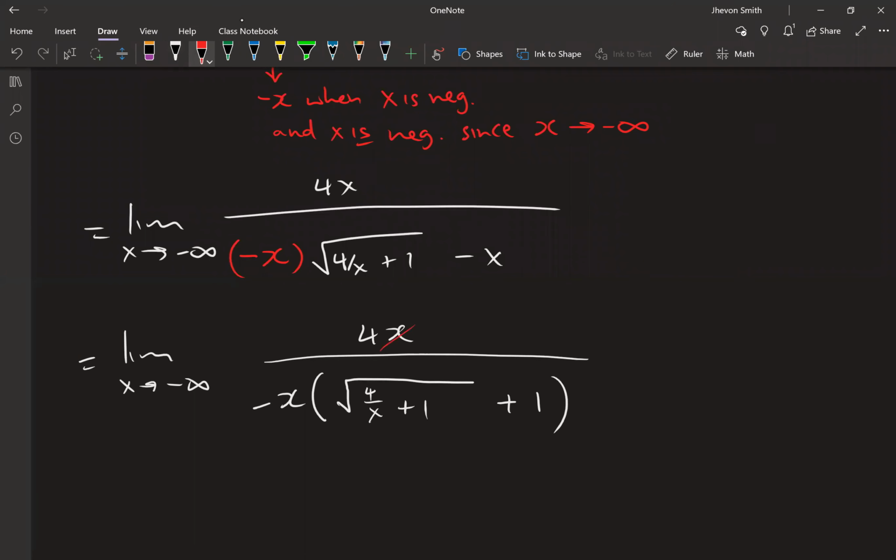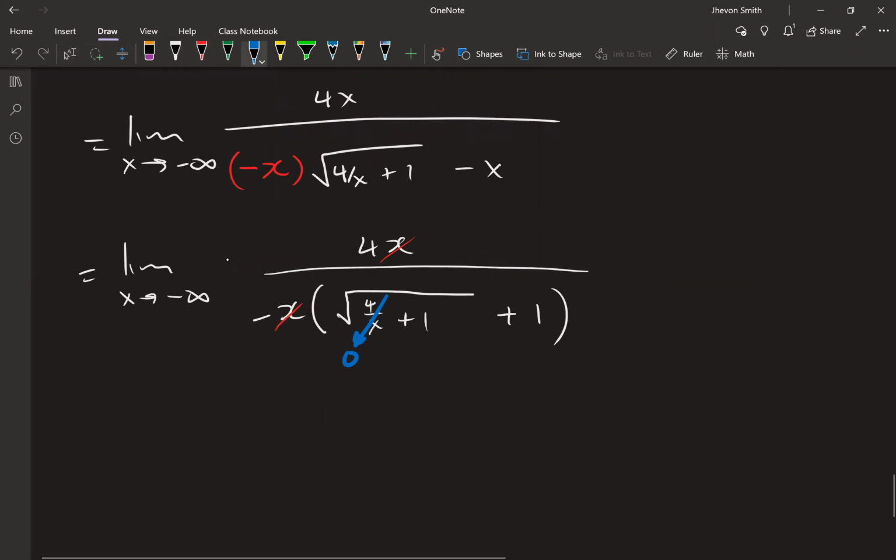You'd be able to cancel this with that. And so now when you let x go to infinity, this part here would go to 0. So you just end up with minus 4 over 2. So minus 2 is the answer.